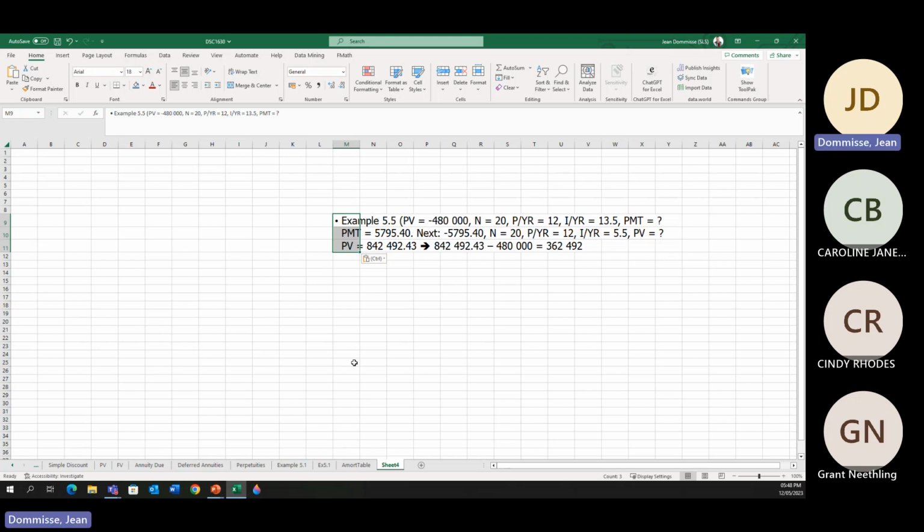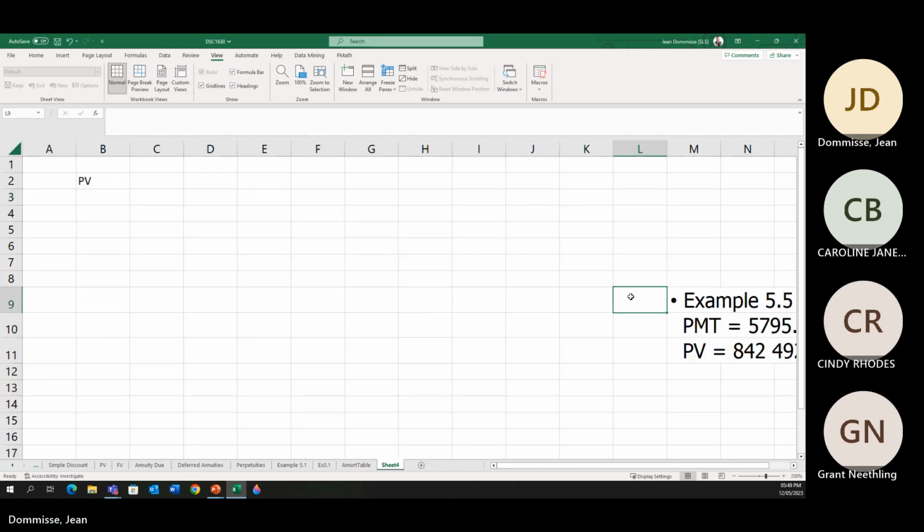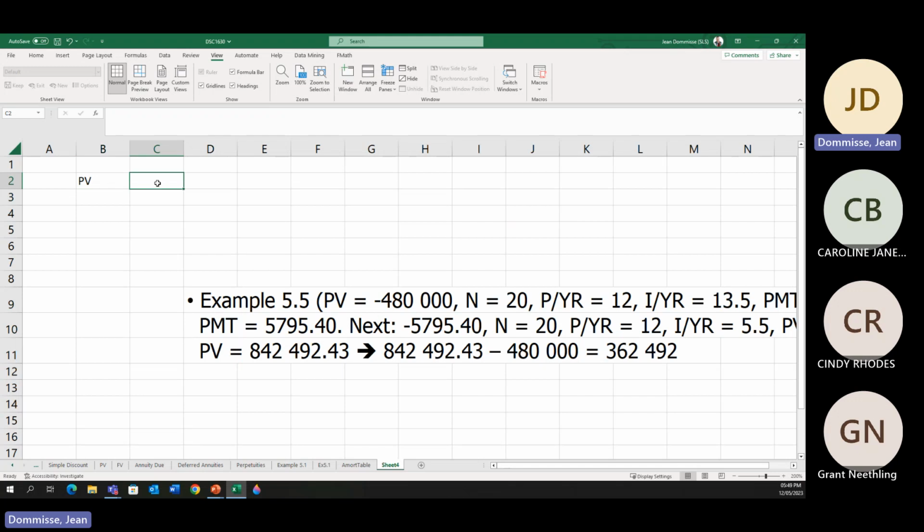Okay. So that's an interesting one to work out. So let's quickly see if we have all the information. So we have present value. So if we work out, and let's just make this bigger. Don't know why it does not automatically stay in that format. Okay, so we've got our present value that they tell us.